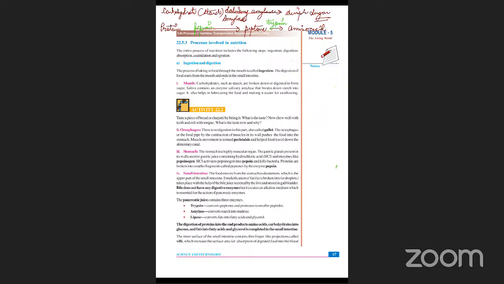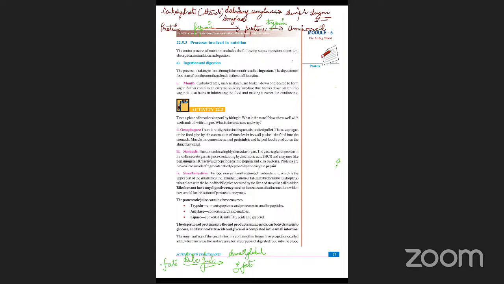Okay. And the fats. First, we will learn about fat. So fats, first the big globules of fats are converted into small globules of fats by bile juice. I'm repeating again, bile juice.